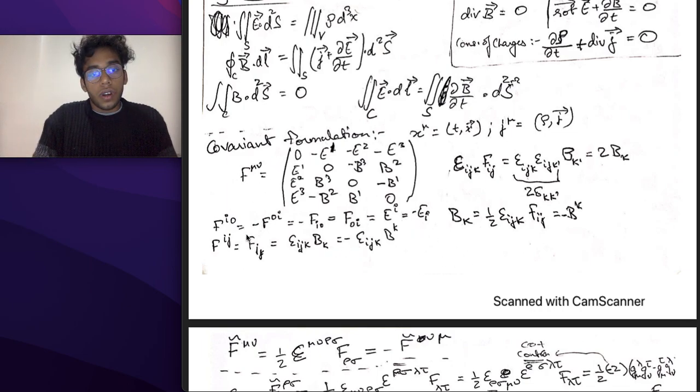Another thing you need to know is how to get your electric and magnetic vectors from this. The rows and columns of the stress tensor give you your electric fields, and the entries within give you your magnetic fields, right?